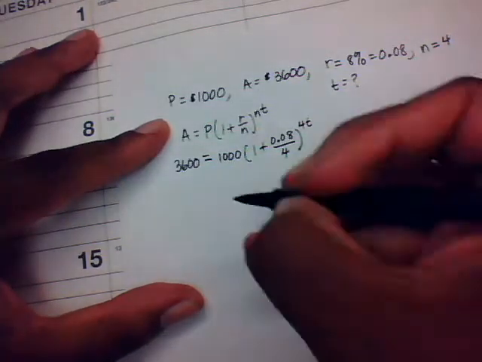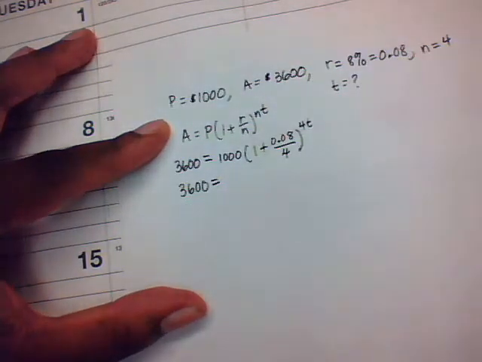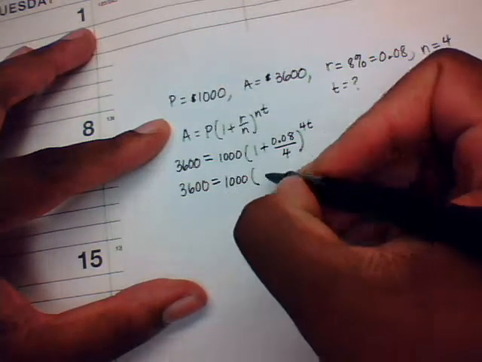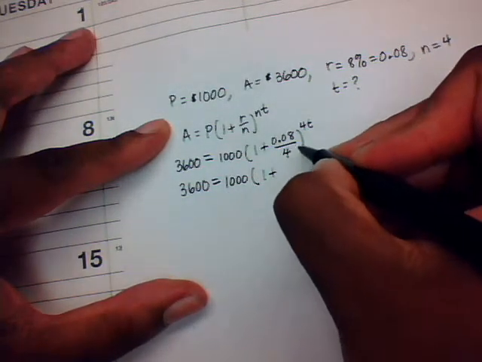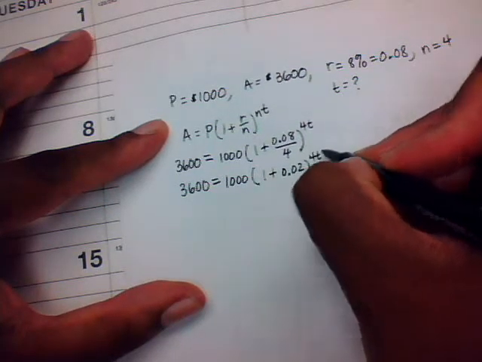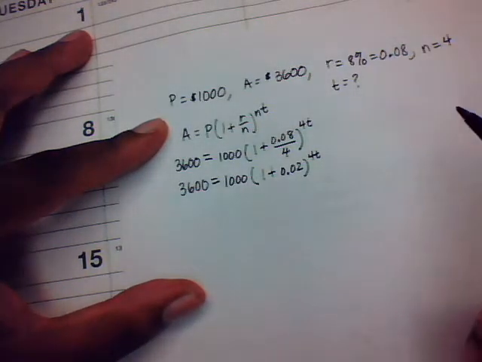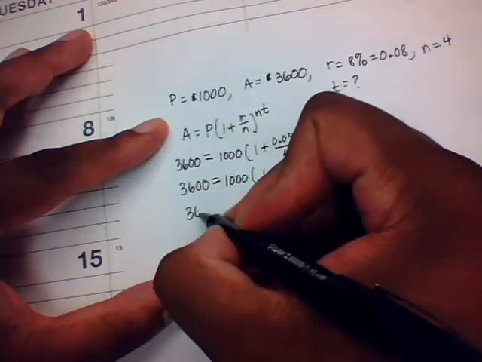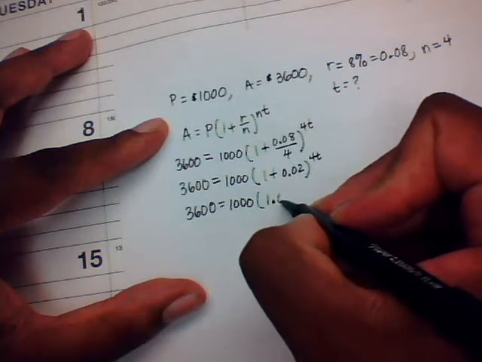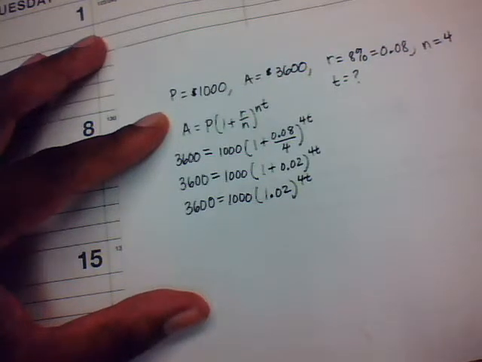Now let's simplify this a bit. We got 3,600 equal to 1,000 times 1 plus 0.08 divided by 4, which is 0.02, raised to the 4 times t. And then 1 plus 0.02 will be 1.02. So you have 3,600 is equal to 1,000 times 1.02 raised to the 4t.